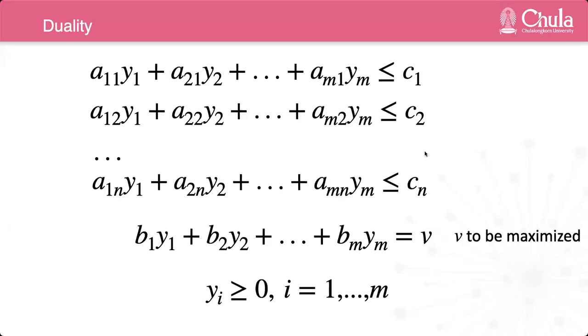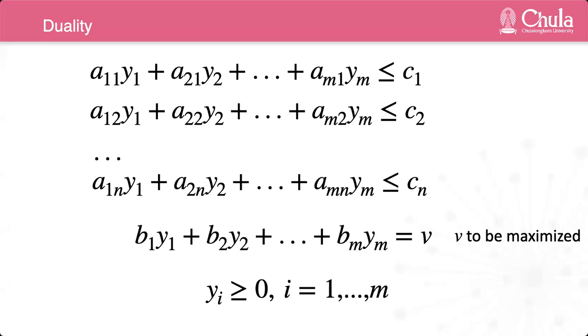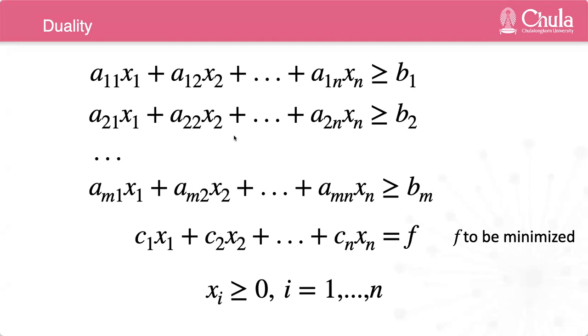We call it the dual. This problem is the dual of the primal. If you transform the primal, you obtain the dual, and if you transform it again, you obtain the primal.